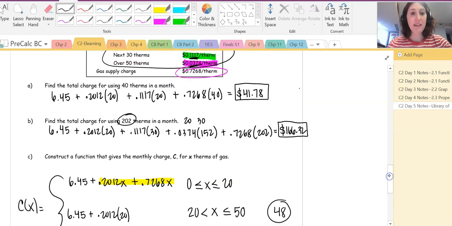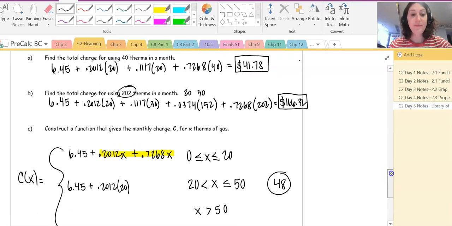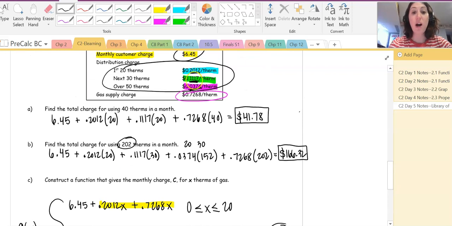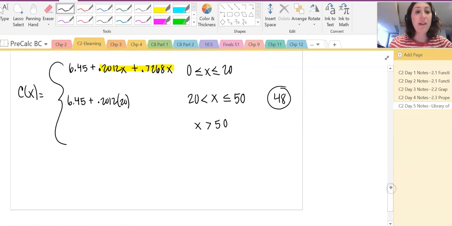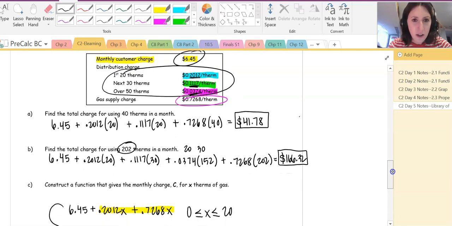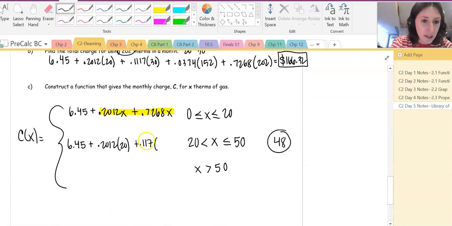Okay, that's the same thing that we did up here. But now you have this new cost plus 0.1117 times, and what people want to do is put X.